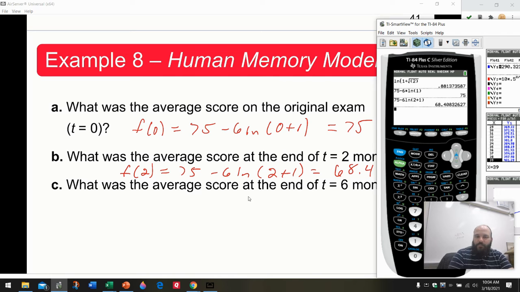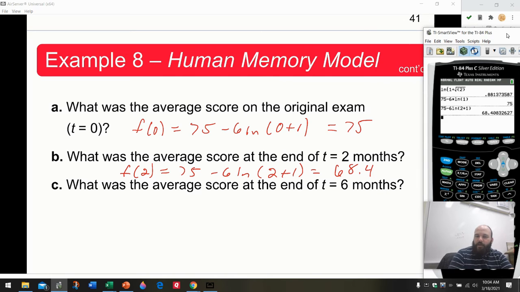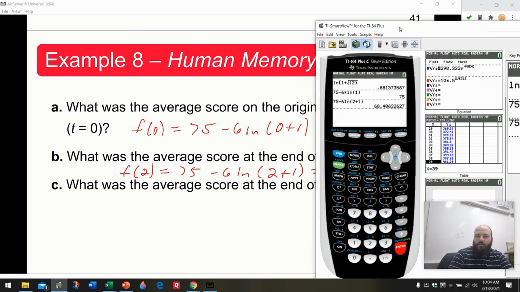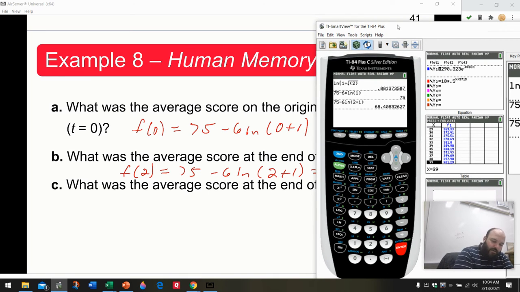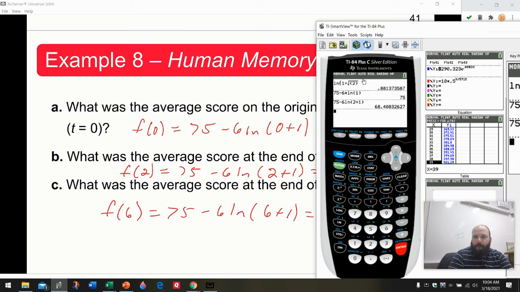Now, the last problem would like us to figure out what the average score is at the end of 6 months. So we will do the exact same thing. We'll use the formula. We will substitute 6 in, 75 minus 6 natural log of 6 plus 1, and we will type that in. I'm actually going to use a little trick that I showed you before.